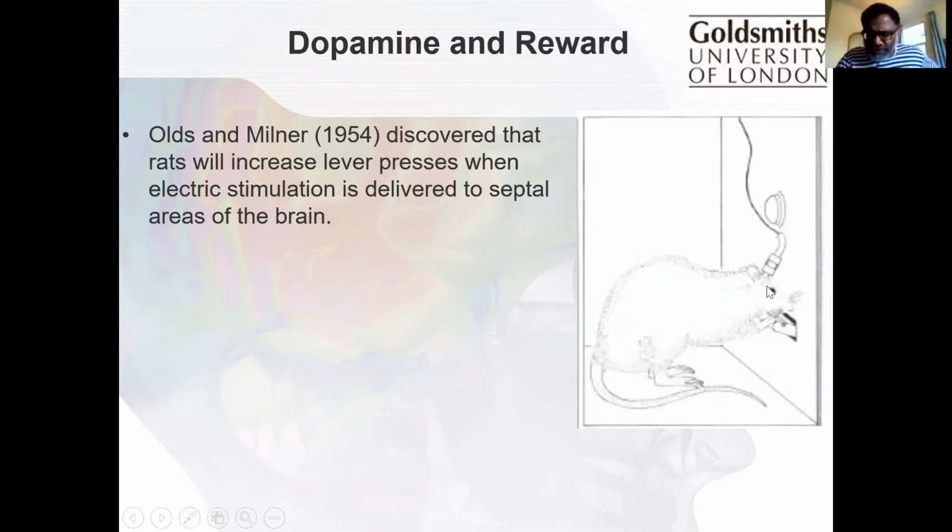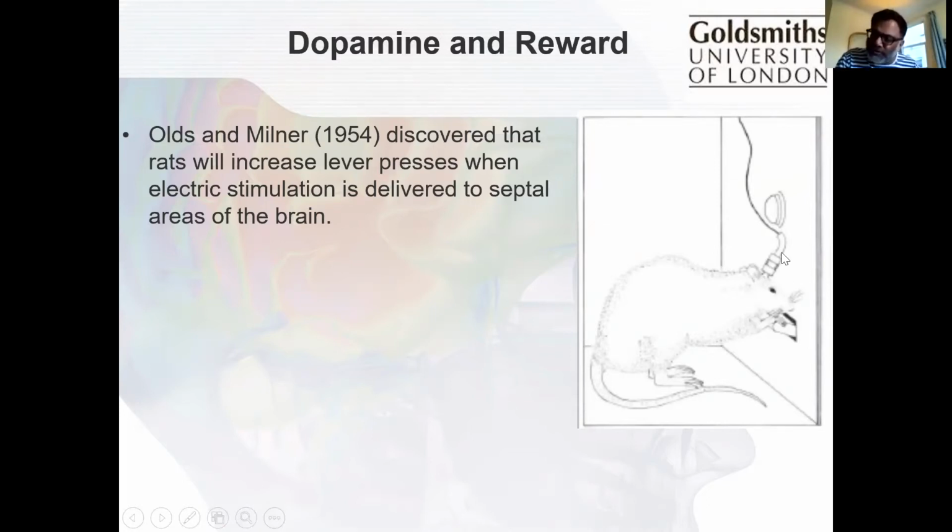And what they found is that in the animals where the electrode was in the septal areas of the brain, the rat got very excited and learned that whenever it pressed this lever, it got more of a stimulation.